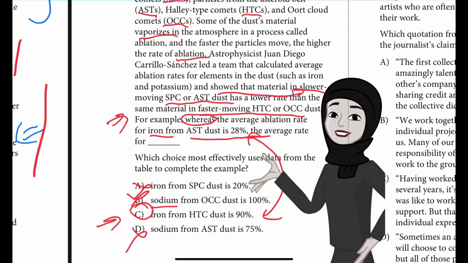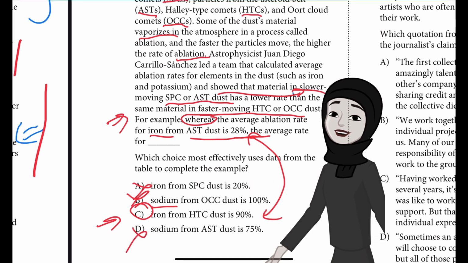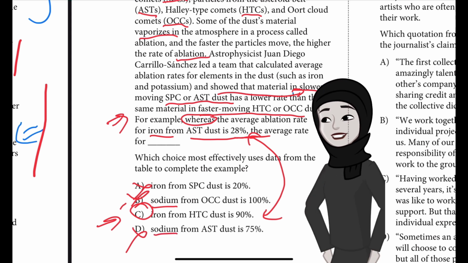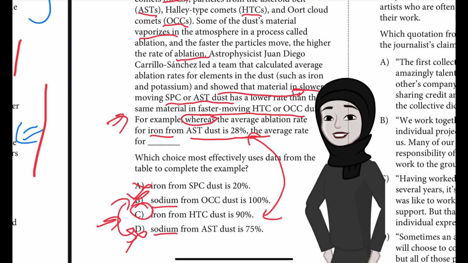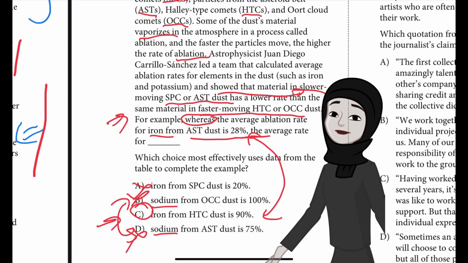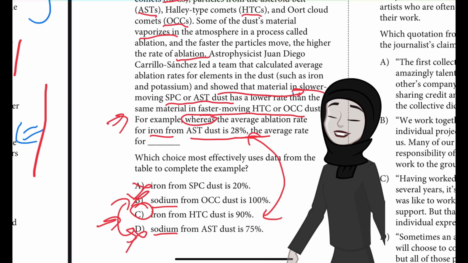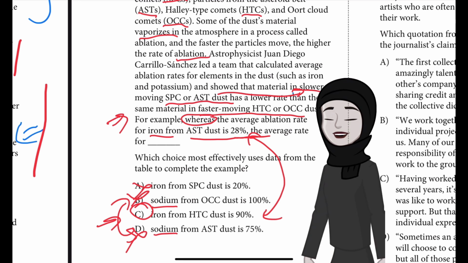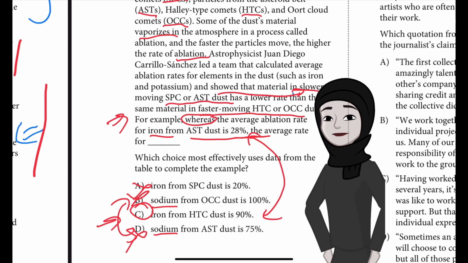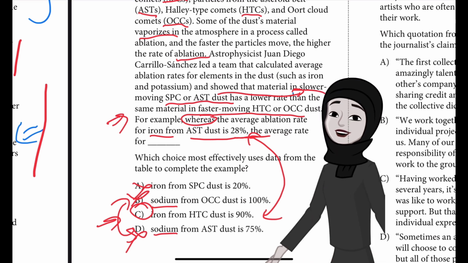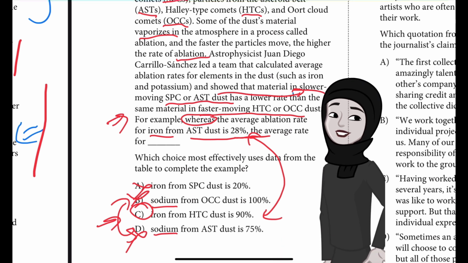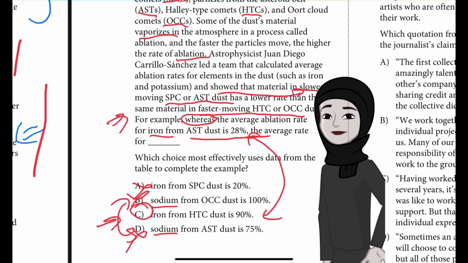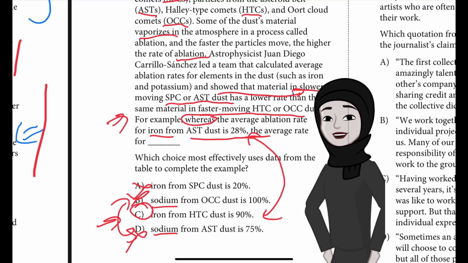Choice D is incorrect because the example in the text is supposed to illustrate the difference in ablation rates of the same element. Again, the same reason we are eliminating both B and D, because in those we have sodium, not iron. The first part of the example provides data about the ablation rate of iron, which means the second part must be about the ablation rate of iron, not sodium.